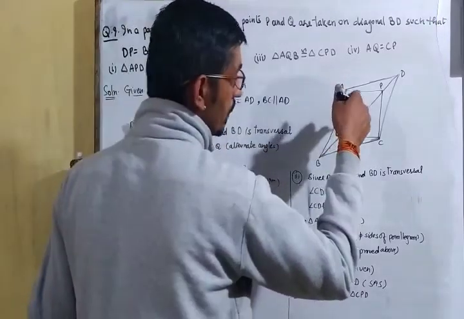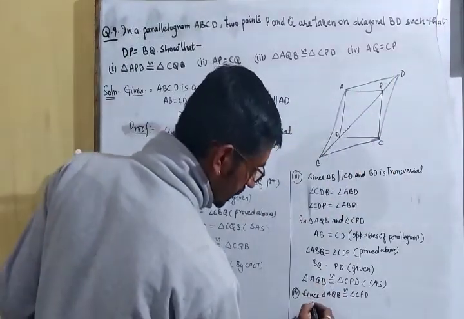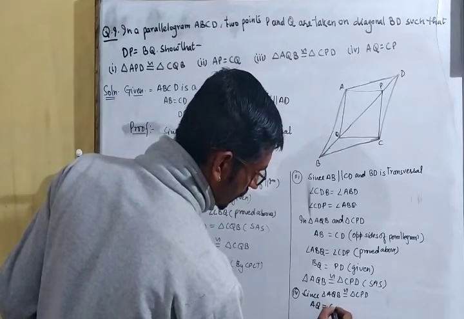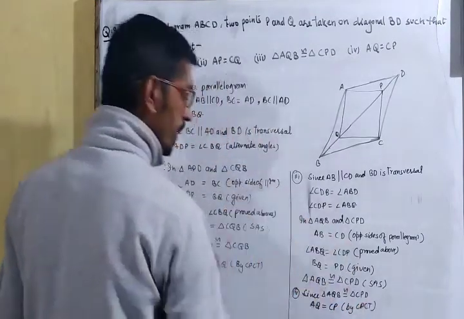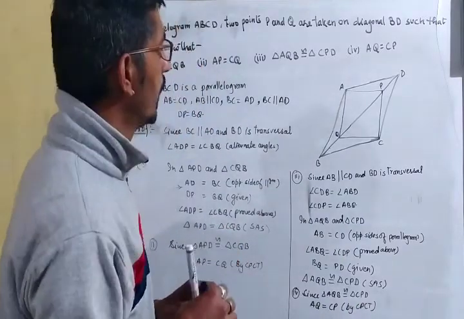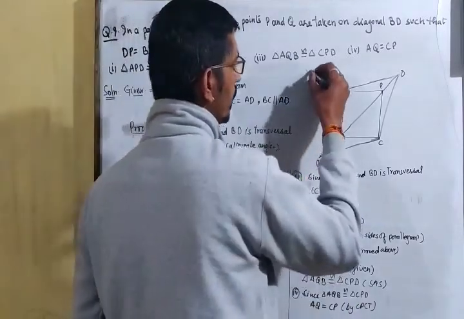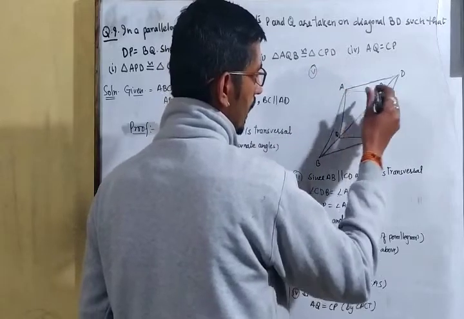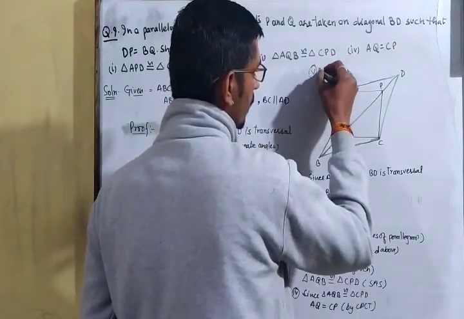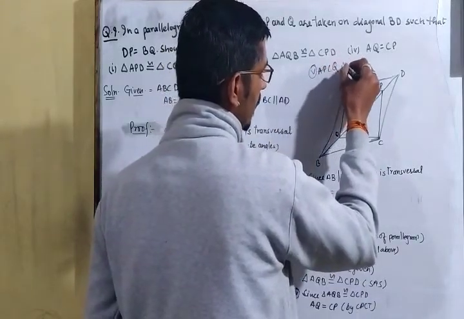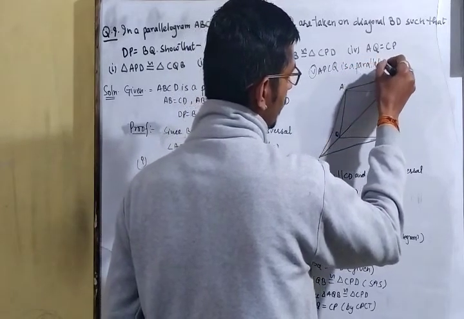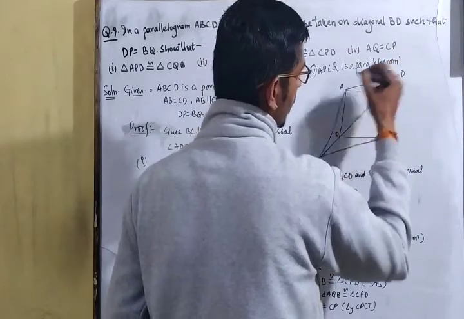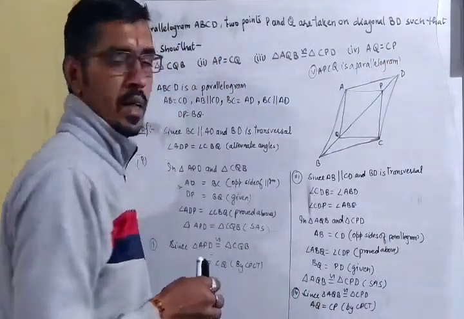AQ is equal to CP by CPCT. So fourth thing we have proved. Now one more thing is there, I think. Fifth, APCQ is a parallelogram, I think. Okay, APCQ is a parallelogram.